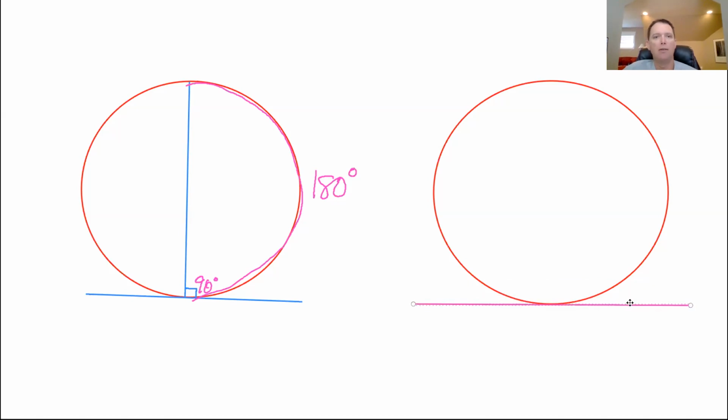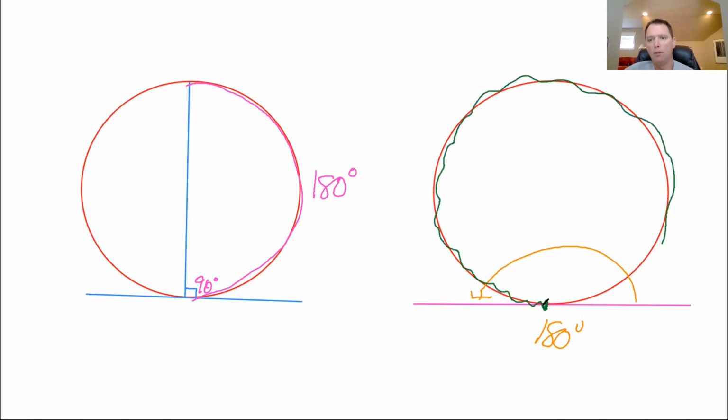Oh, just kidding. This is the angle right here. It's 180 degrees. Right? Straight line. We know all about straight angles, right? And it cuts off an arc that goes from here all the way around to here, also known as 360 degrees.